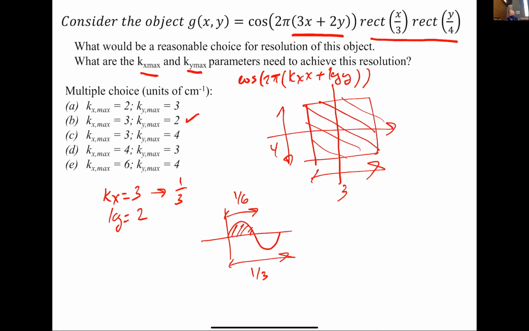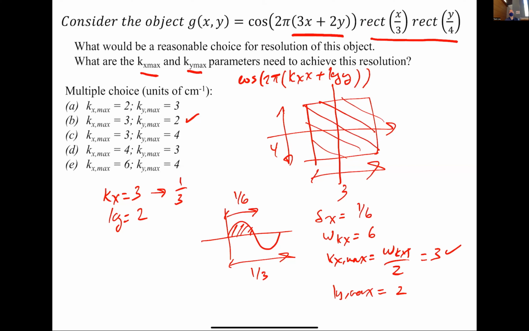So it would make sense that our x resolution is 1/6, right? And so wkx should equal 6, right? But then kx max, if things are symmetric, is just wkx over 2 equals 3. Okay. And by a similar argument, you could say ky max is equal to 2.